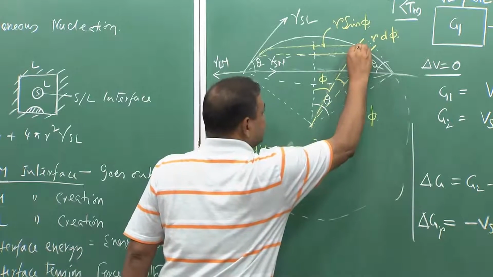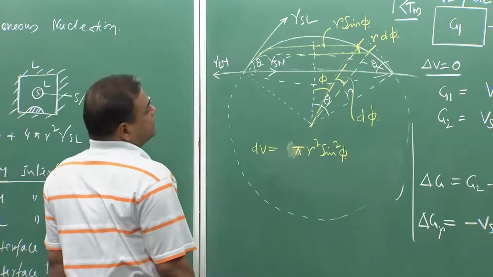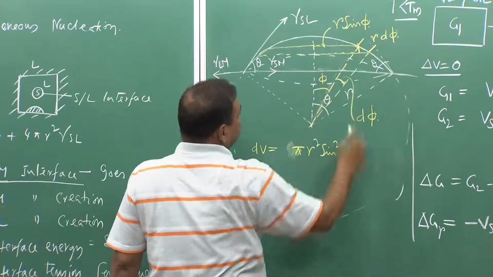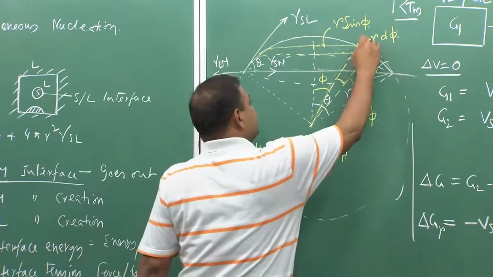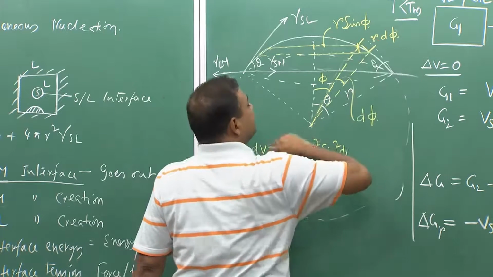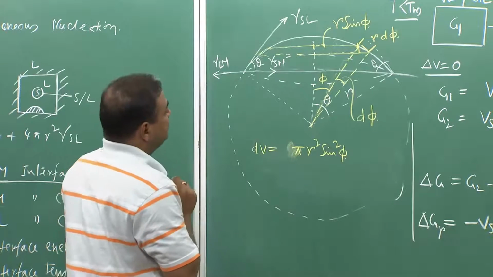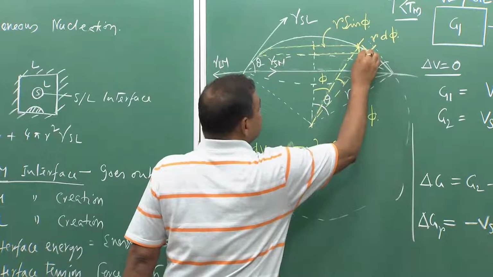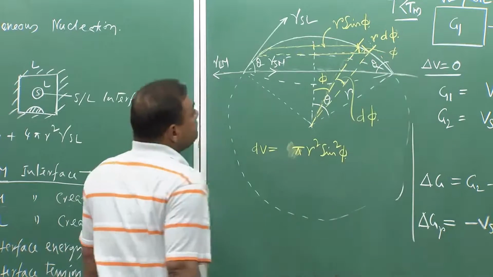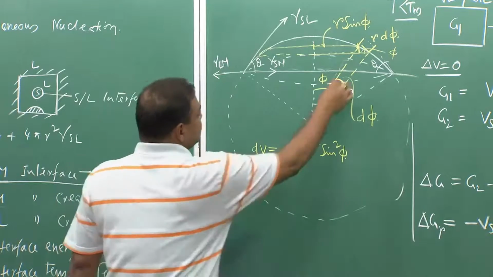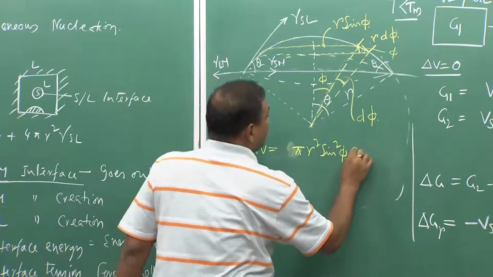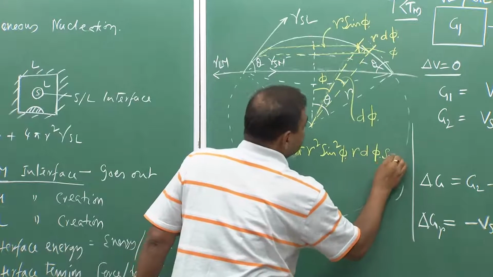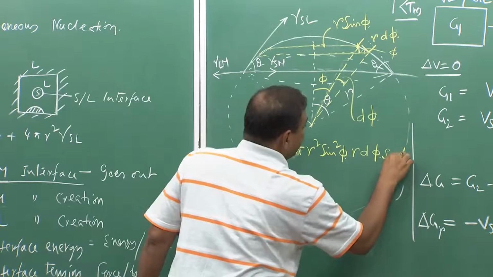So, if I draw a perpendicular to this line, then you would see that this angle becomes phi again. So, then this length would be r d phi sin phi again.